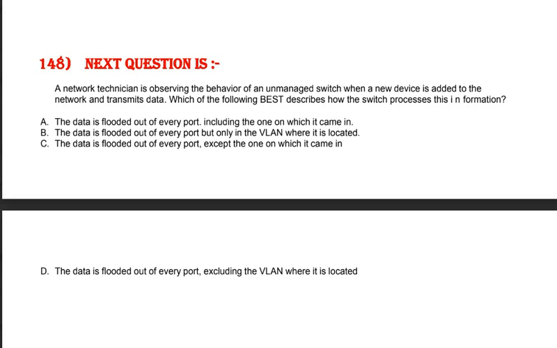Option B, the data is flooded out of every port but only in the VLAN where it is located. Option C, the data is flooded out of every port except the one on which it came in. Option D, the data is flooded out of every port excluding the VLAN where it is located. Correct answer is option C.